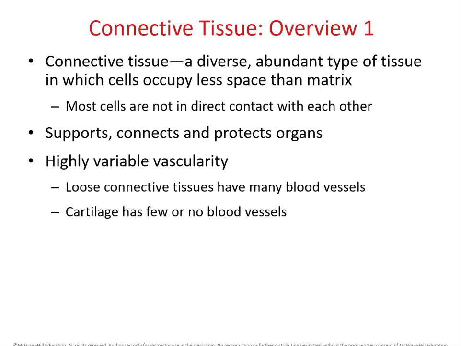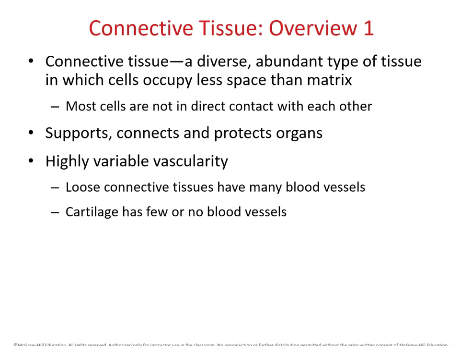At first glance, it can seem like these things don't lump together into one category, but they really do. In connective tissue, the cells generally take up less space than the matrix or the foundation that the cells are grounded in. Generally speaking, connective tissue supports, connects, and protects the organs.